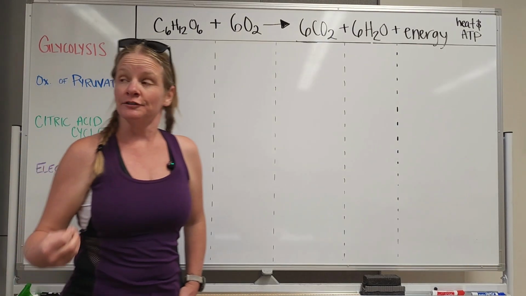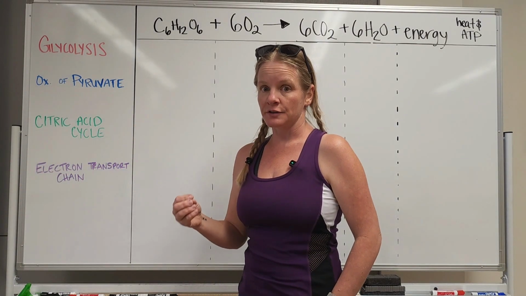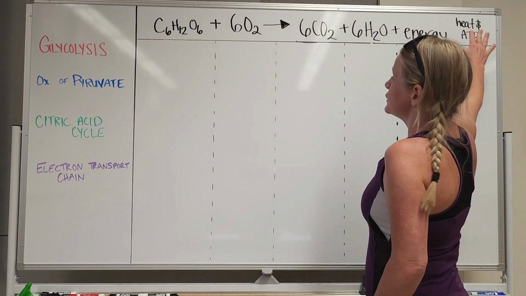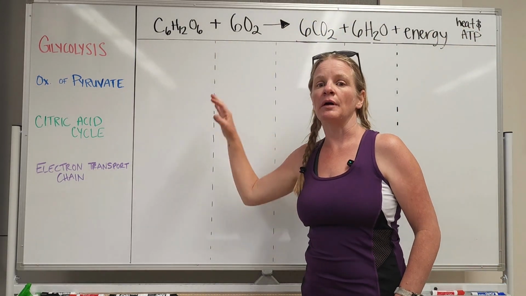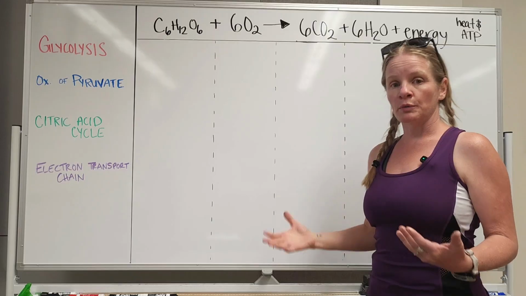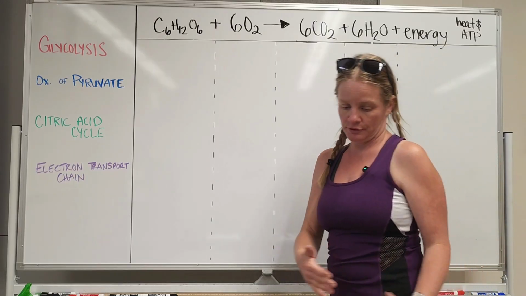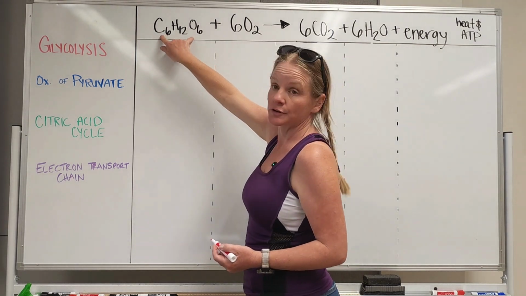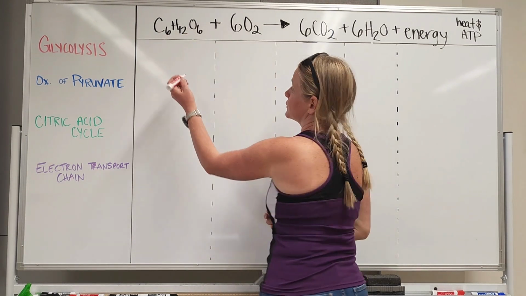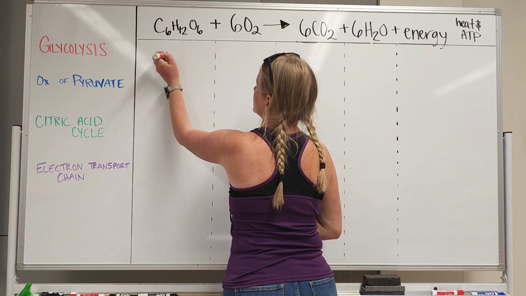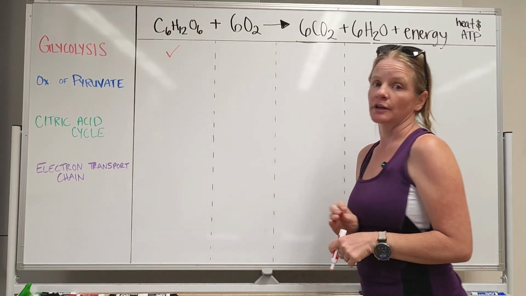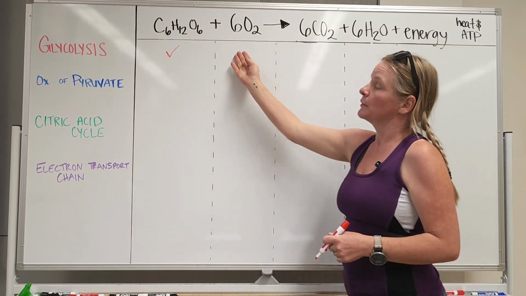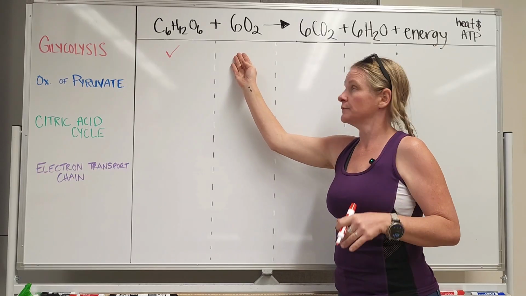So we've talked about the process of glycolysis. With our equation up here, let's just do some bookkeeping of what we've used and what we've produced. During glycolysis, we take our glucose molecule and we split it in half. So we've actually used up our 1 glucose molecule during glycolysis. So far we have used no oxygen.